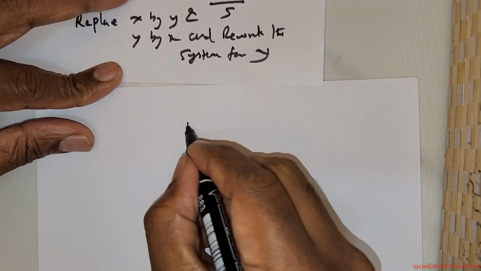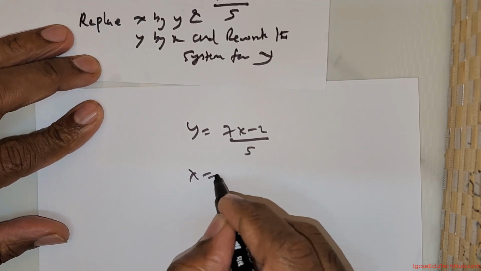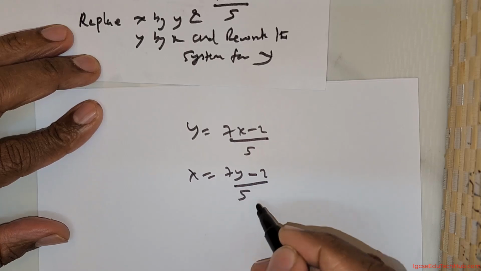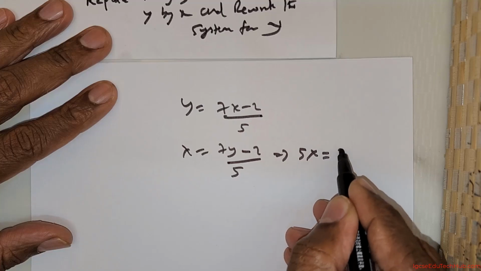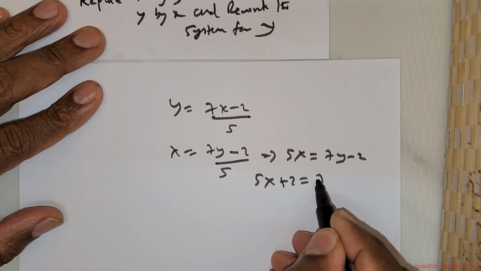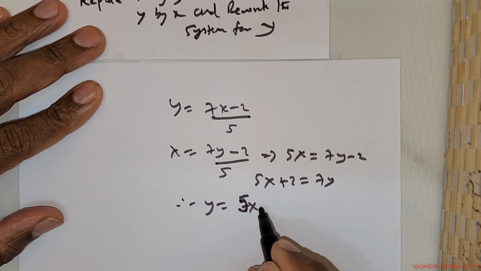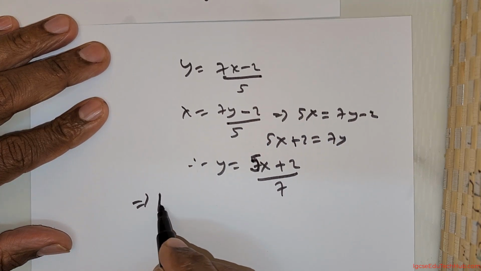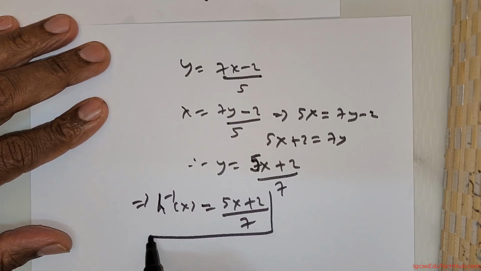Okay, so what happens here? x is equal to (7y - 2) divided by 5. Rewrite it for y. So this means I have 5x is equal to 7y - 2. So 5x + 2 is equal to 7y. Therefore y is equal to (5x + 2) divided by 7. This is nothing but my h inverse of x is equal to (5x + 2) divided by 7.